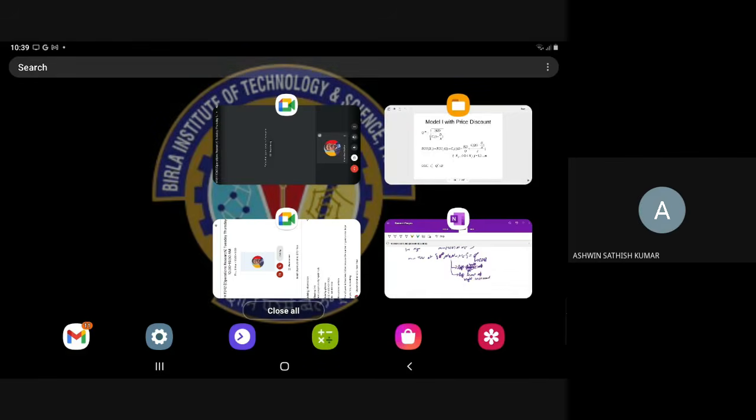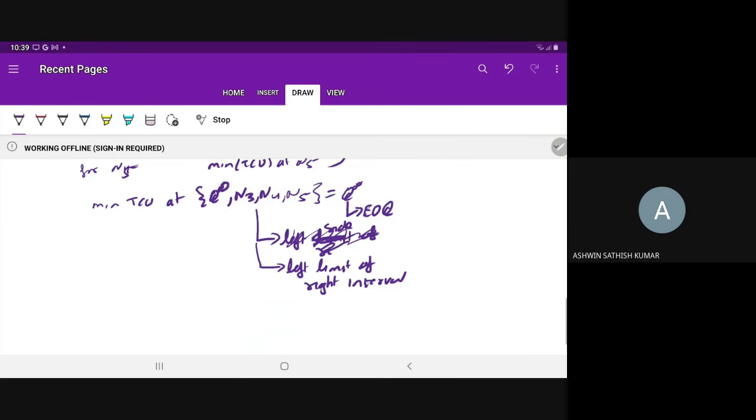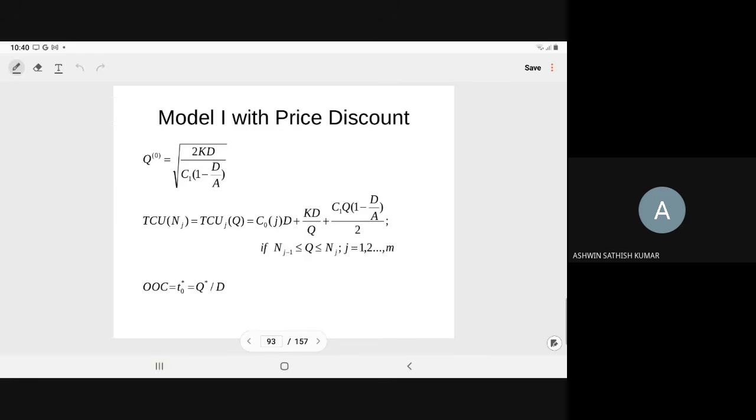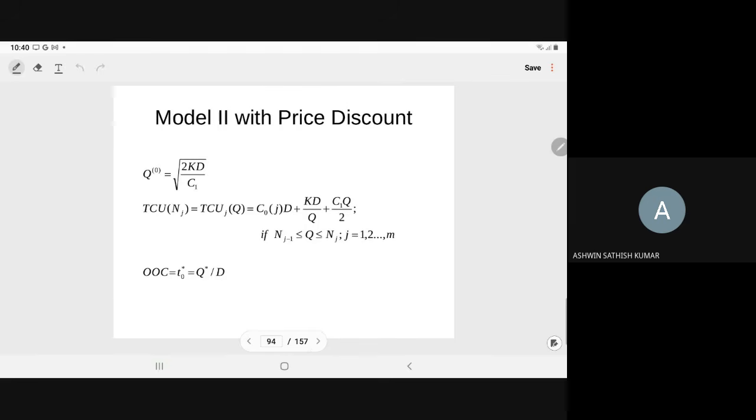It means here Q star is any point among Q naught, N3, N4, N5, or Q naught or left limit of the right interval, where TCU is minimum. So in this way we can compute the economic order quantity and the minimum TCU.